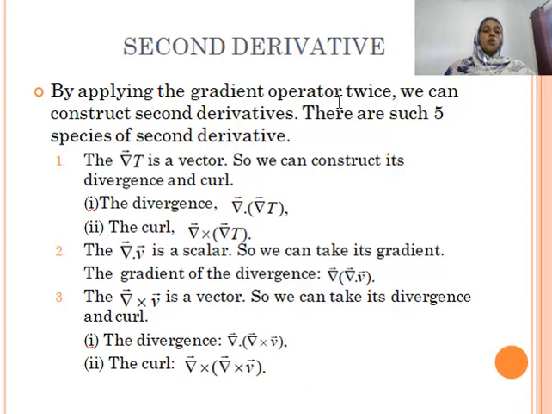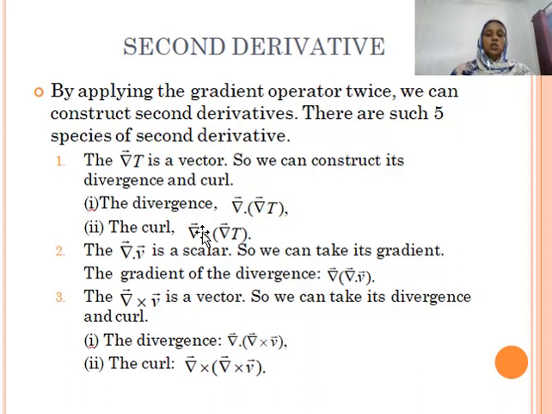The first one is gradient T. Gradient T is a vector, so we can construct its divergence and curl, two second derivatives from this. So del dot gradient T, since gradient is a vector, we can take its divergence.